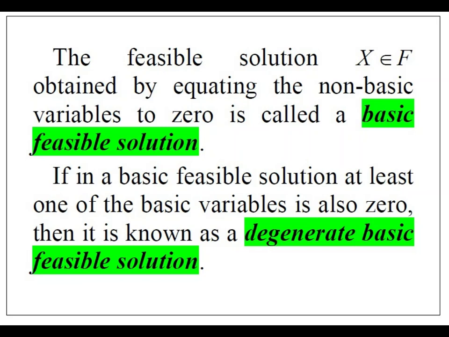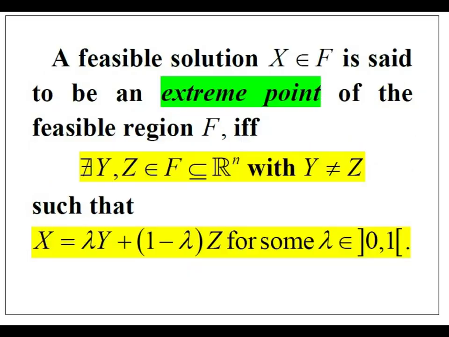The feasible solution obtained by equating the non-basic variables to 0 is called a basic feasible solution. If in a basic feasible solution at least one of the basic variables is also 0, then it is known as a degenerate basic feasible solution.